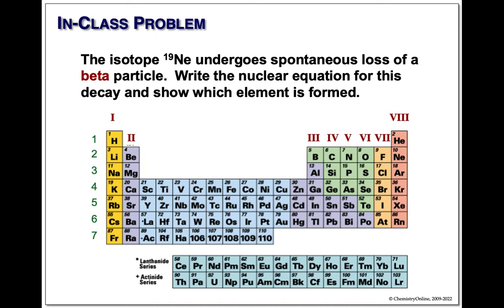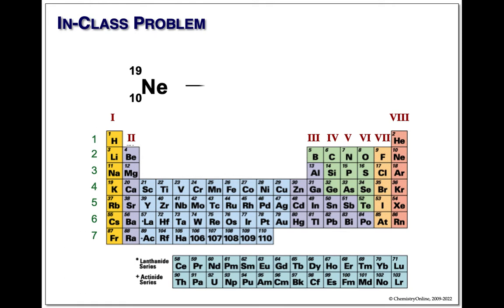This is neon. So far we've looked at the heavy elements down here only. I put this in just to show that sometimes lighter elements do the same sort of thing. This is neon 19, and again it loses a beta particle. Go ahead and let's figure out what we get. We start with an atomic number of 10.